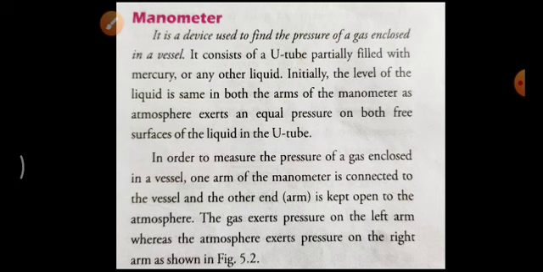The atmosphere exerts an equal amount of pressure on both the free surfaces. You know that the atmosphere also exerts some pressure, because the atmosphere is nothing but a mixture of gases, and all gases belong to fluids, and fluids can exert pressure. So the atmosphere exerts an equal pressure on both the free surfaces of the liquid in the U-tube.